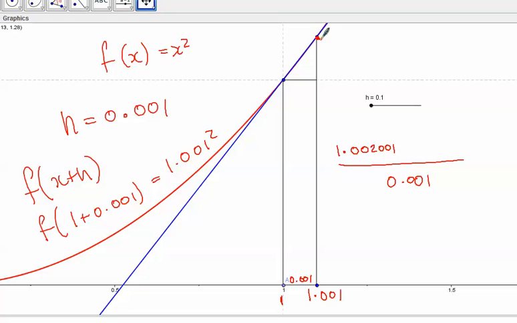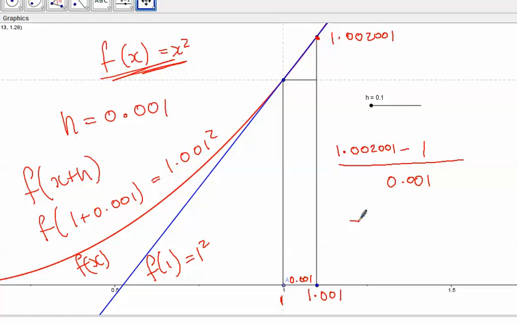So the height of this point above the x-axis is 1.002001. Now I have to subtract f of 1, which would just be 1 squared. So I subtract 1 and divide by 0.001. Now let's see what that works out to be. We get 2.001, which is not far off the actual value.